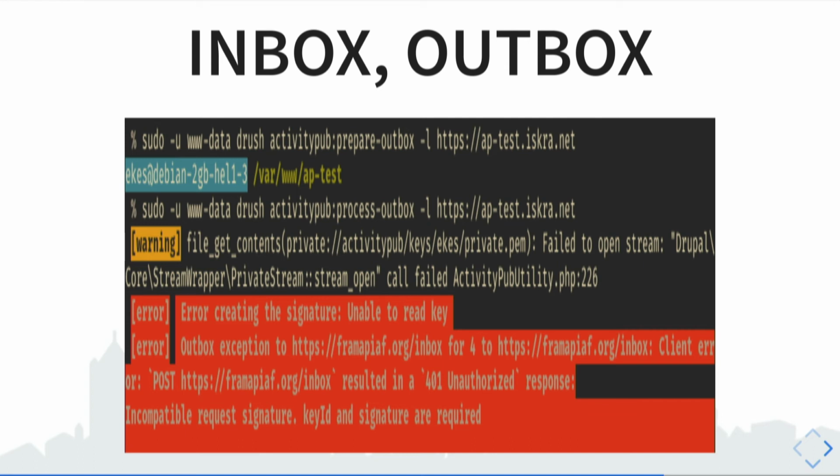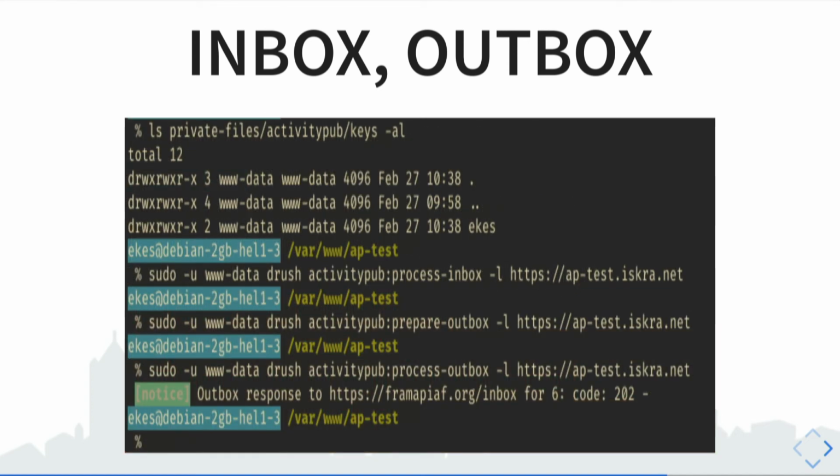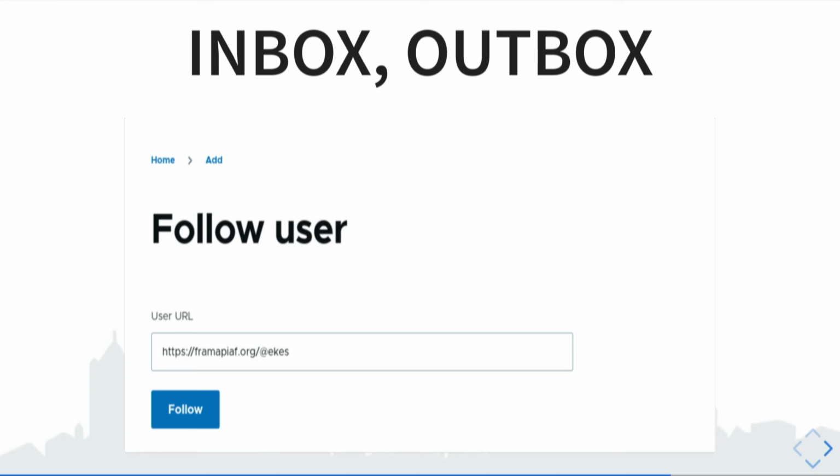And you can see Framapiaf has refused the message because it's not correctly signed, so it's 401 unauthorized. So I set up the private folder, it generated the keys, and then it sent it, and it's 202 accepted. So the other end knows the follow works, so we can actually push messages into another site.